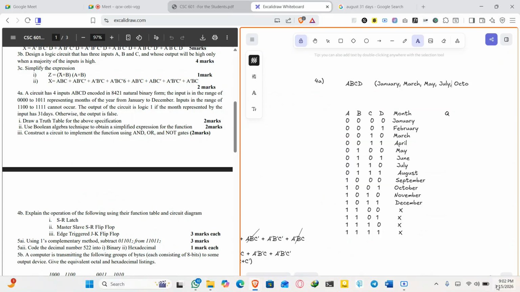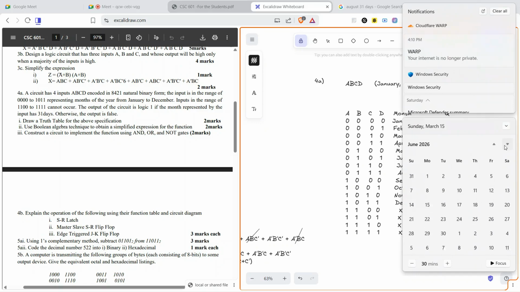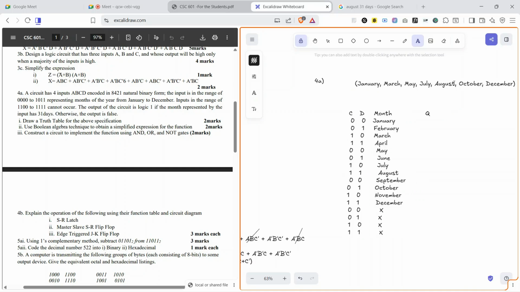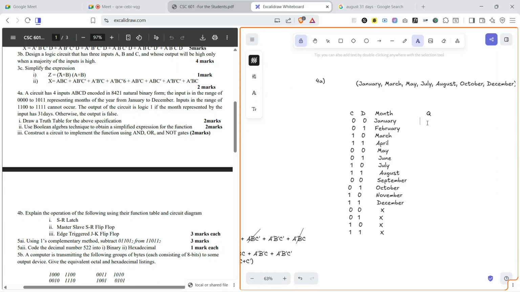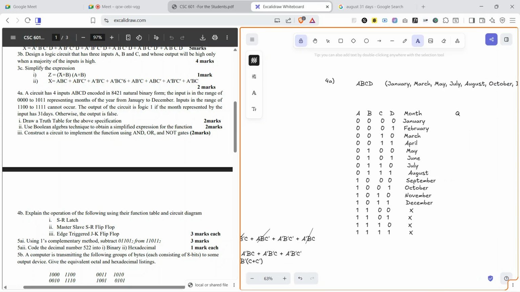Let me confirm from the calendar first. Okay, yeah, August is 31 days. July, August, October, and then December. So these are the only months that would return 1, because we're told in the question that the output of the circuit is logic 1 if the month represented by the inputs has 31 days.